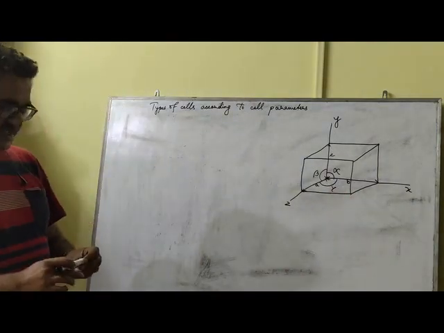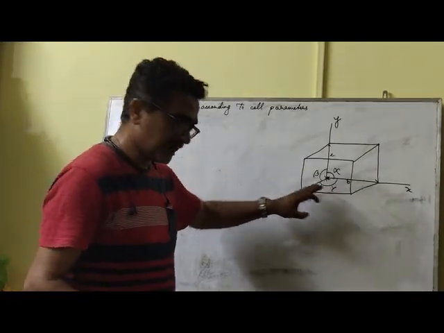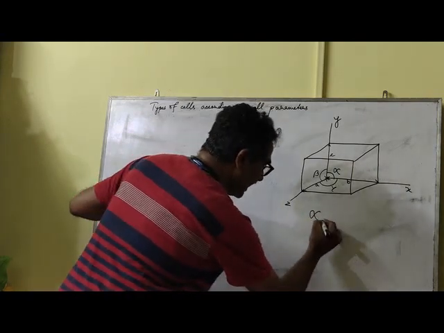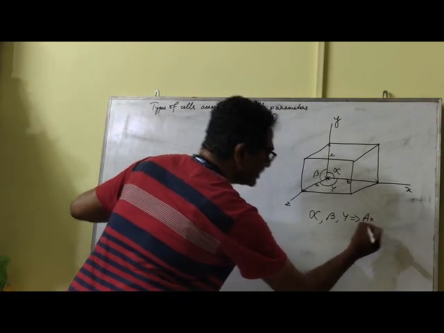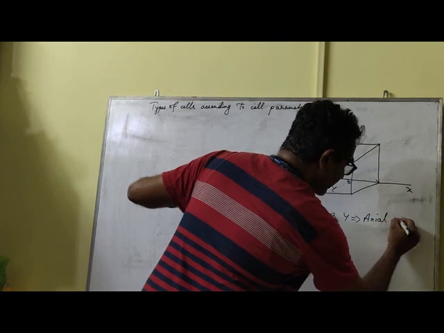So we have these different parameters. So, what are the different parameters? Alpha, beta, gamma. This alpha, beta, gamma are called axial angles. Alpha, beta, gamma are called axial because they are on the axis. Axial angles.